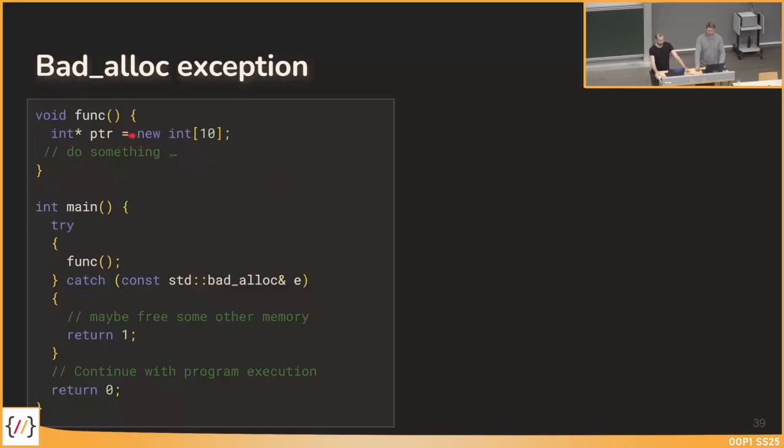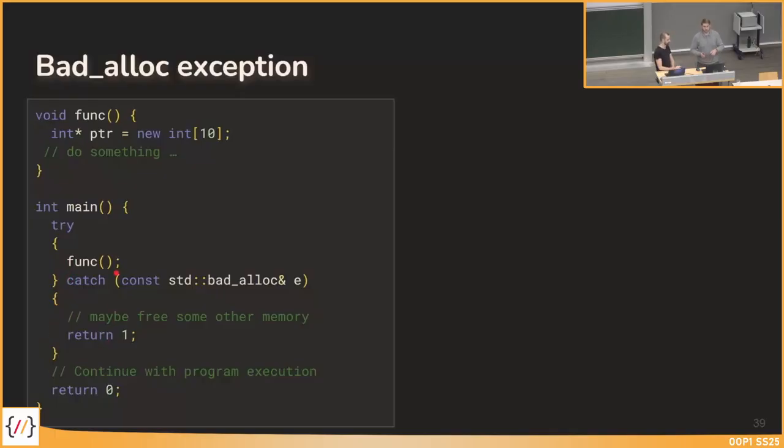So whenever we create this pointer here with new, so we allocate memory on the heap, we don't have to check whether it could be null, what was returned, or whether I can use it. The only thing we have to do is write this in the try block. So we call func here, and all the code executed here is in the try block, and any exception that is thrown, in this case the bad alloc exception, is then handled in this catch block here.